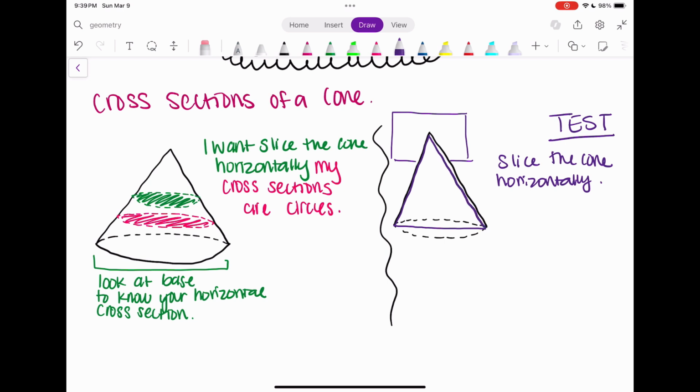And I would actually get a triangle. But in this case, it would be a very special triangle. So it would actually be an isosceles triangle.